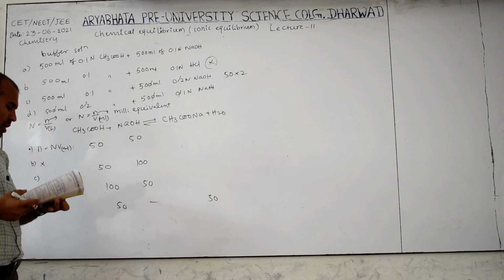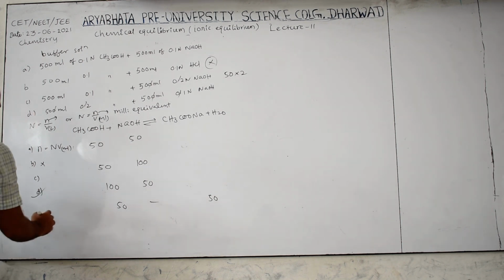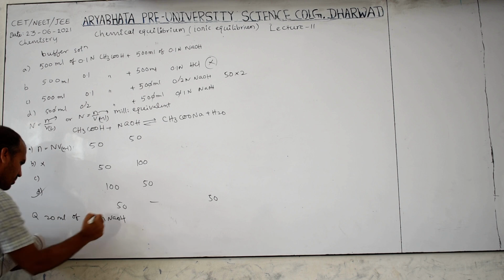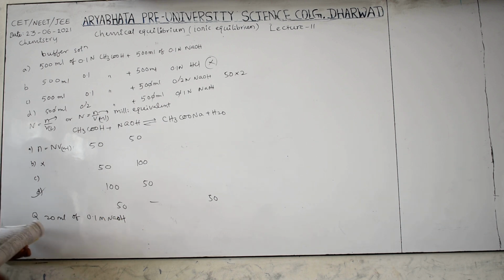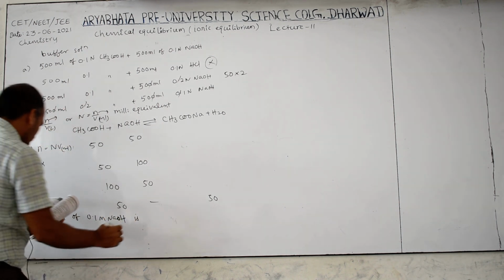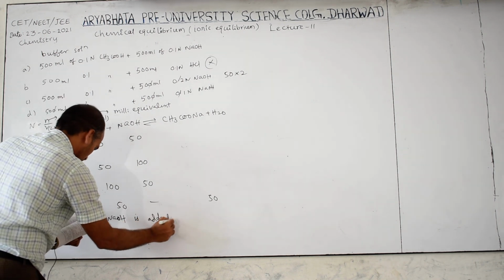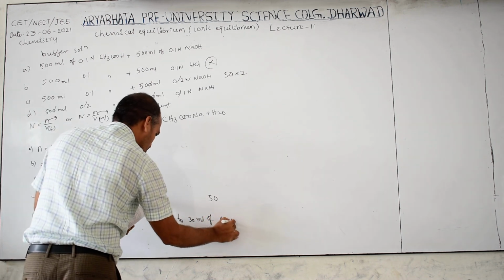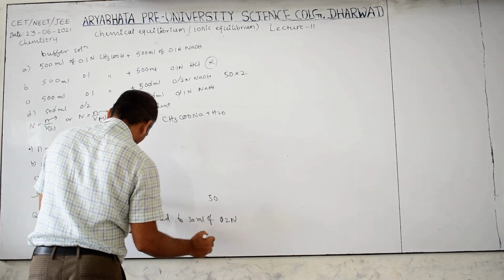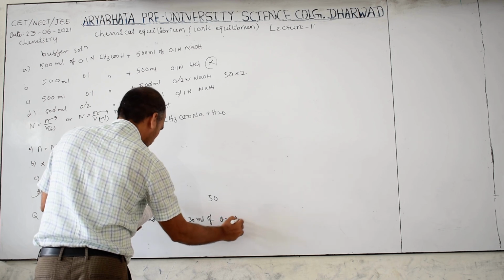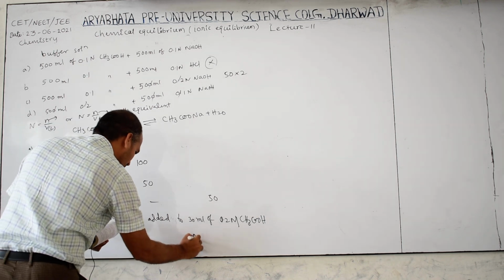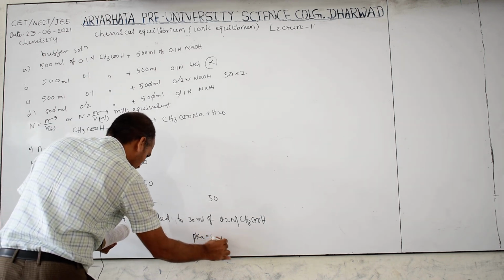Next: if 20 ml of 0.1 M NaOH is added to 30 ml of 0.2 M acetic acid, the pKa value given for this acetic acid is 4.74.